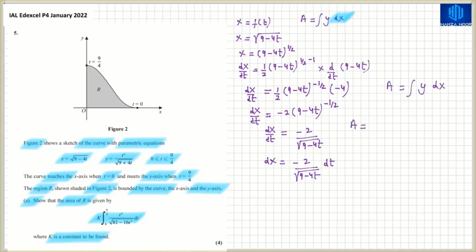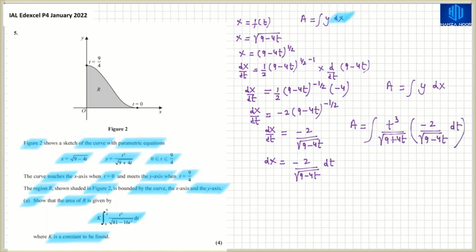In place of y we can write t cubed divided by the square root of 9 plus 4t, and in place of dx we can write minus 2 divided by the square root of 9 minus 4t, multiplied by dt.